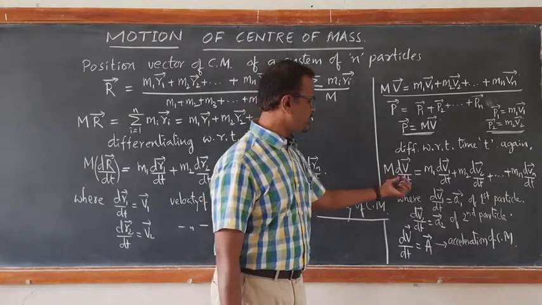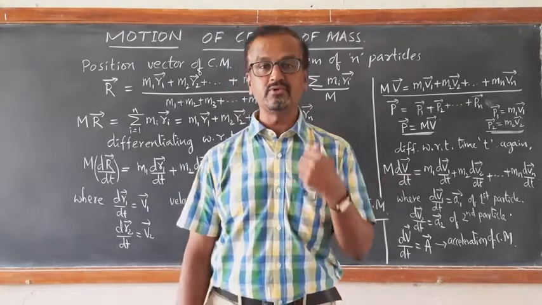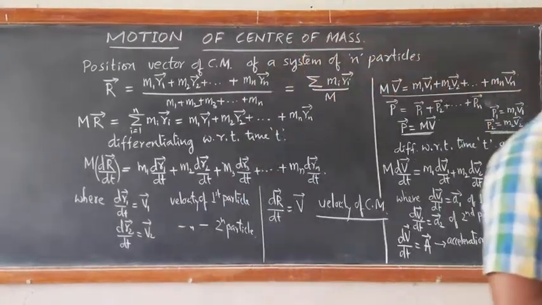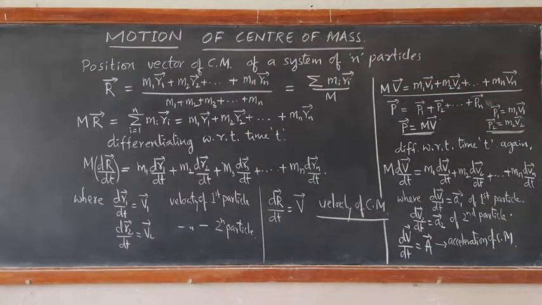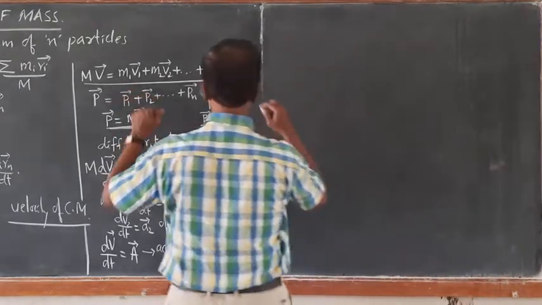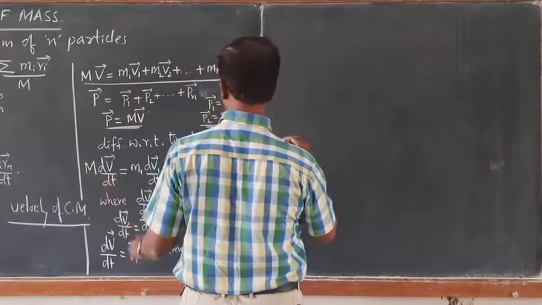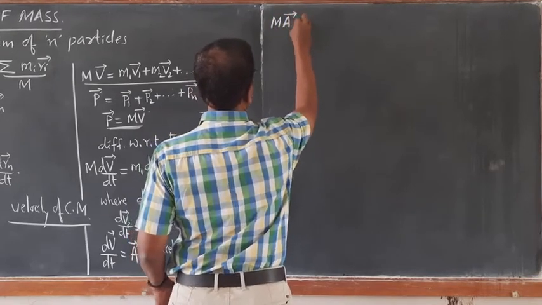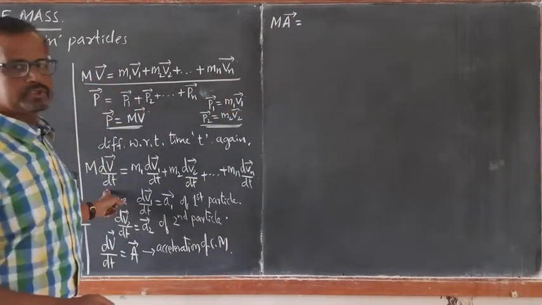And we know what is M into A. M into A gives us force. So let us conclude it. So substituting these values, we get m dv by dt, m into vector A, that is going to be total force.